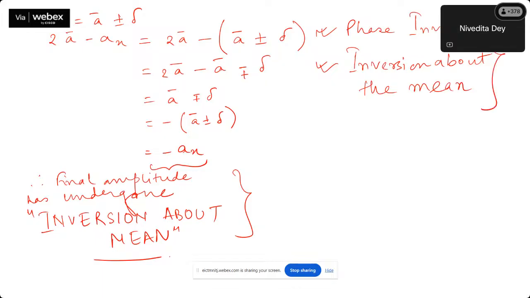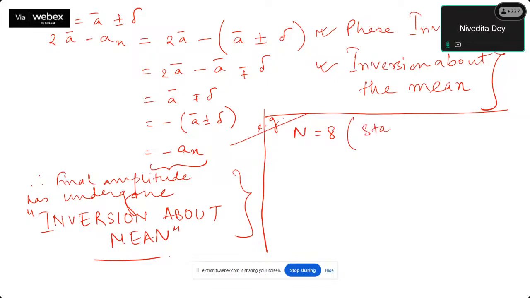Now let us understand with an example, whatever you have learned, we will have a quick check of that. Say my n is 8, that is, my number of states is 8.